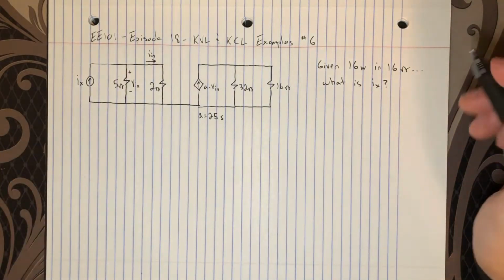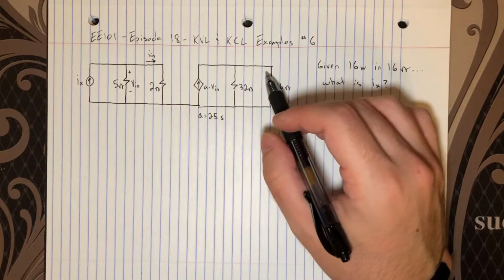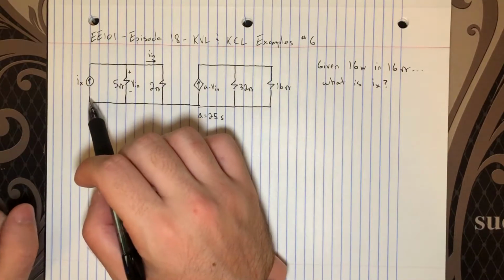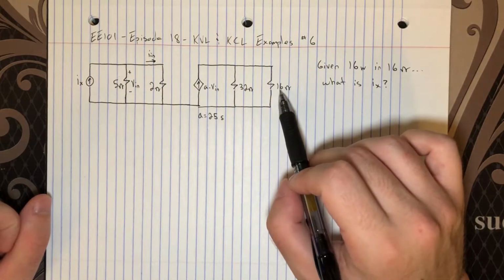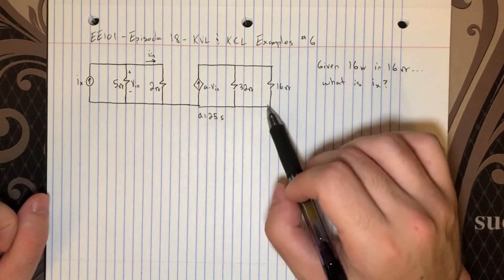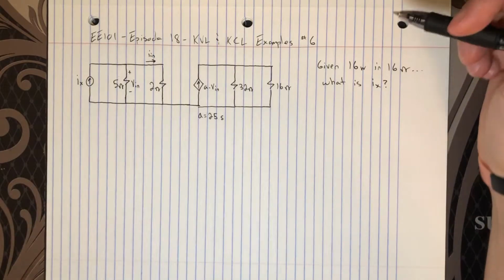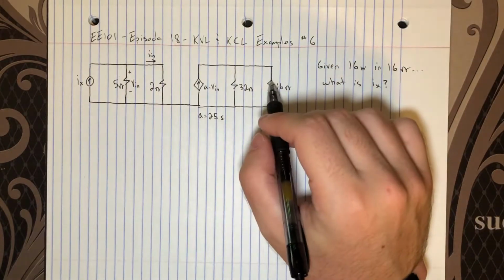So I'm asking, if you know how much power is being drawn by our load, what is this source current, or this input current stimulating this circuit and generating the 16 watt power consumption all the way over here?